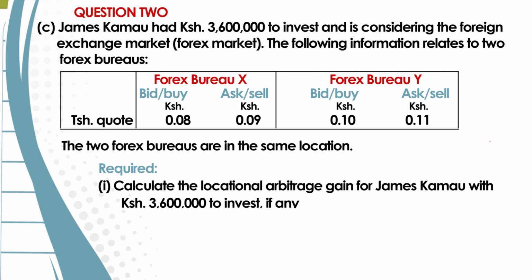So James Kamau can only buy from the exchange rate that is lower, and the one that is lower is Forex Bureau X, at 0.09. So the first thing James Kamau should do is to convert the 3.6 million shillings into Tanzania shillings from Forex Bureau X, because that is the lowest.